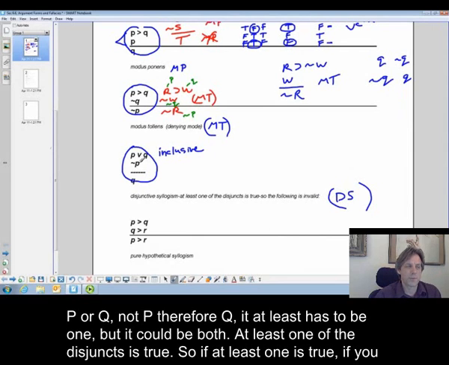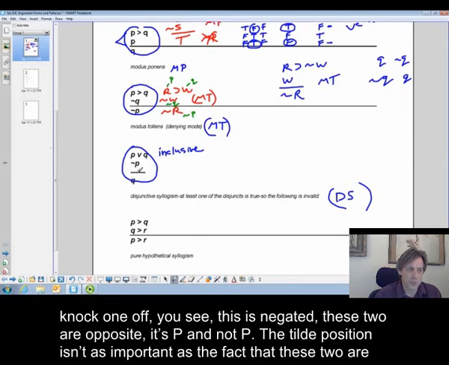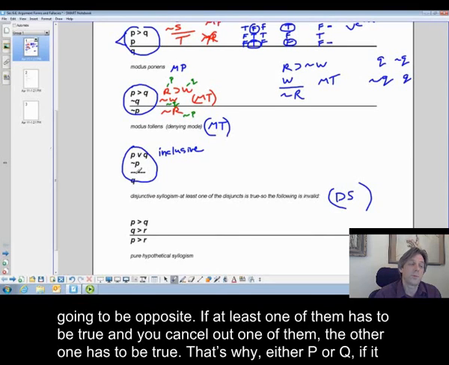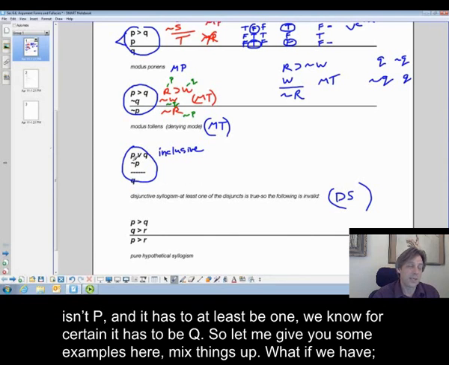So if at least one is true, if you knock one off, you see this is negated. These two are opposite. It's P and not P. The tilde position is as important as the fact that these two are going to be opposite. If at least one of them has to be true, and you cancel out one of them, the other one has to be true. That's why either P or Q, if it isn't P, and it has to at least be one, we know for certain it has to be Q.